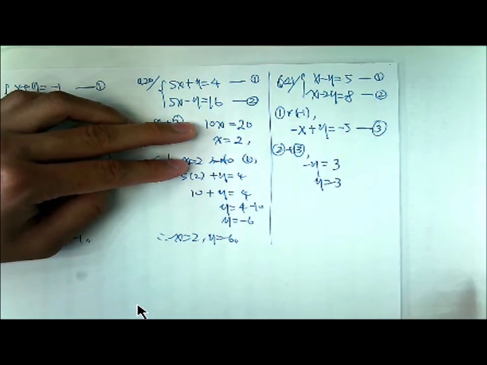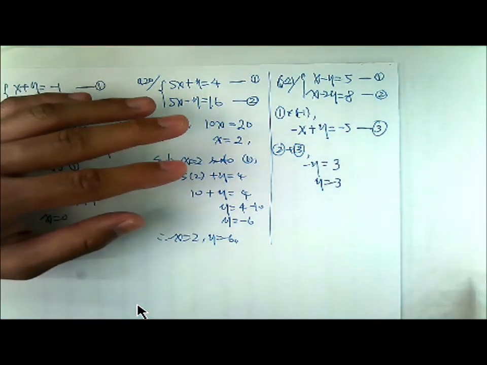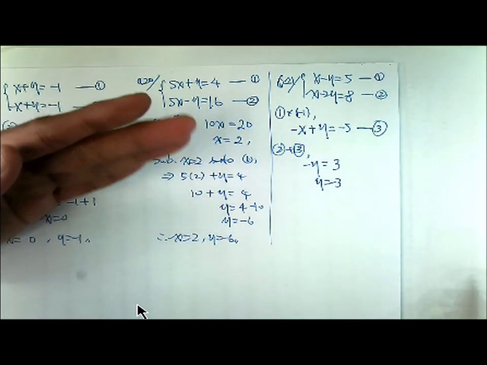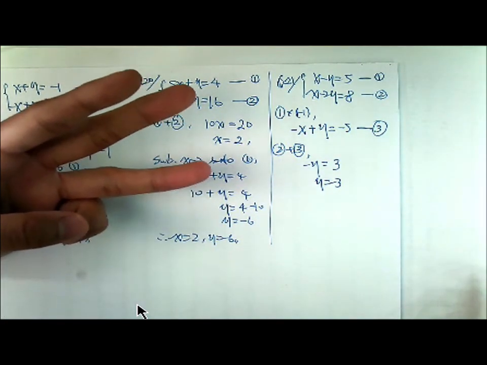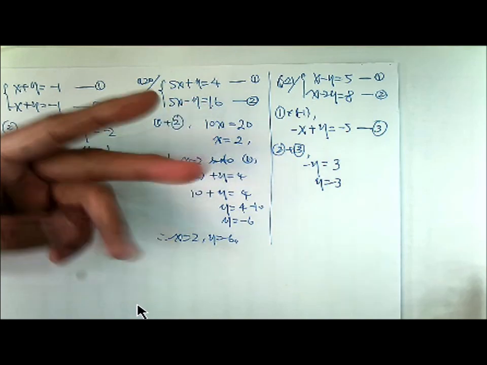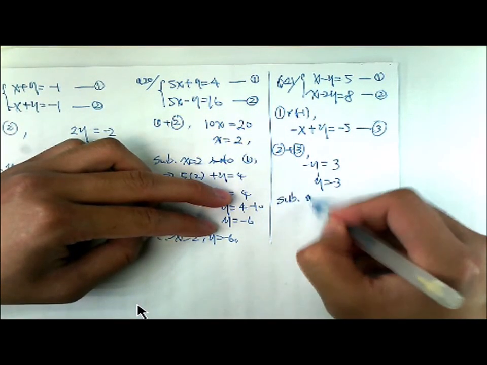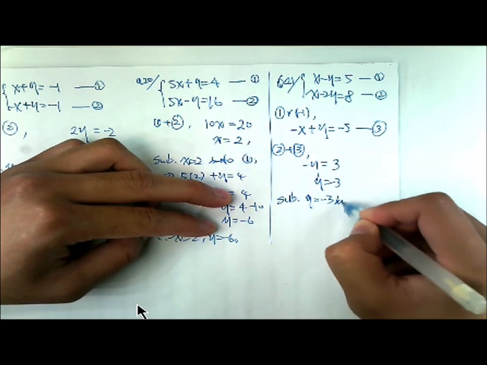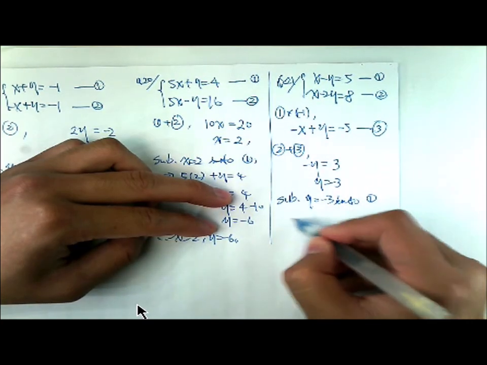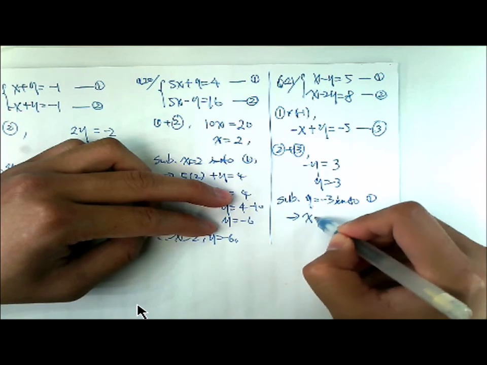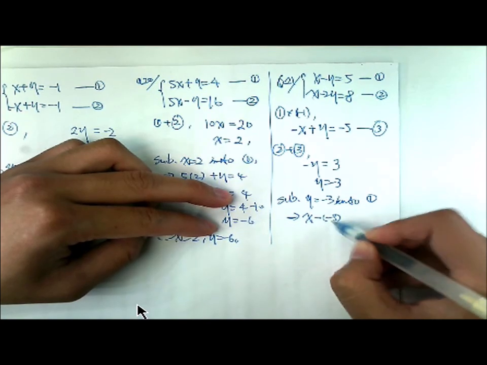It's okay? Okay? So next, you have to calculate x. There are 3 equations for you to choose. I will choose, of course, equation 1. Okay? So you substitute y equal to minus 3 into 1. So you get x minus minus 3, do it like this.